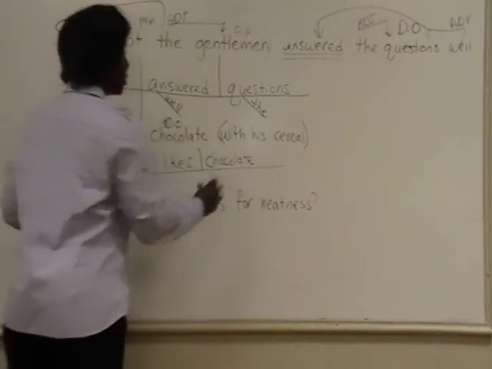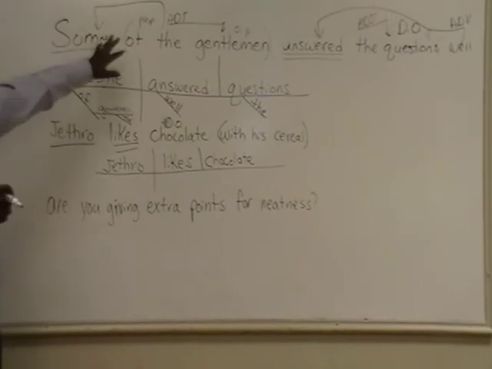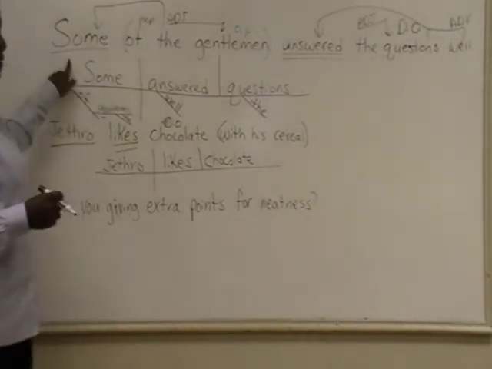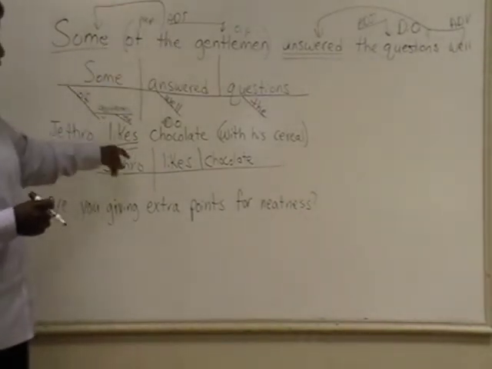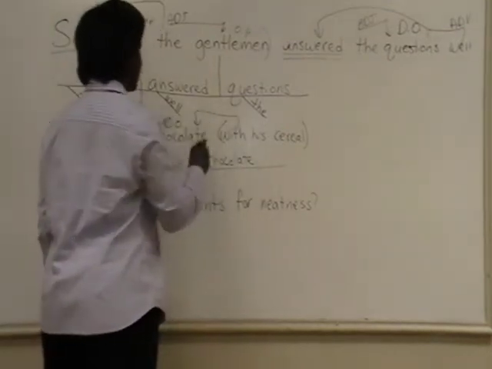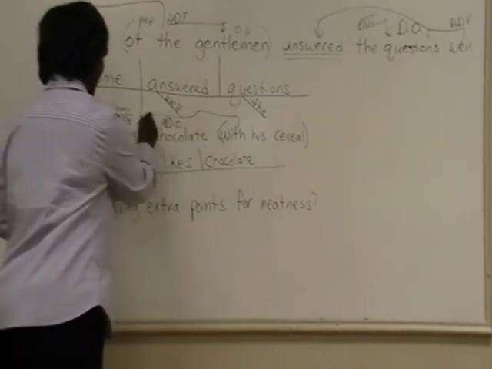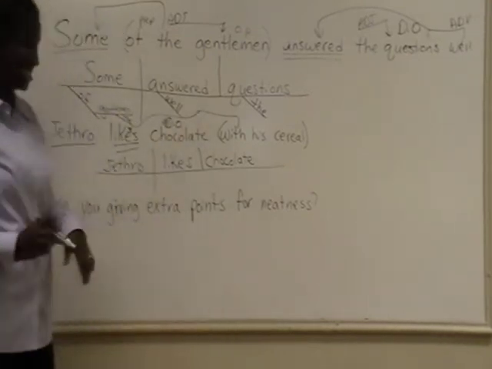Now what do we do with "with his cereal"? Remember up here we talked about this prepositional phrase was modifying "some," so it went under here. In this case, it's telling you how he likes chocolate. He likes chocolate with his cereal. So we put it over here under "likes."